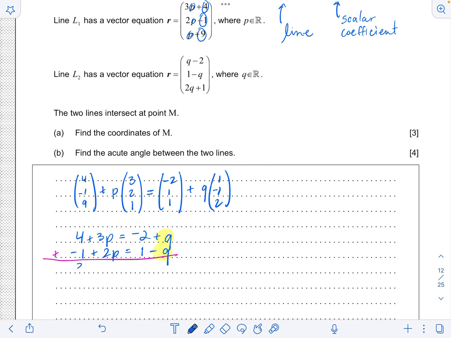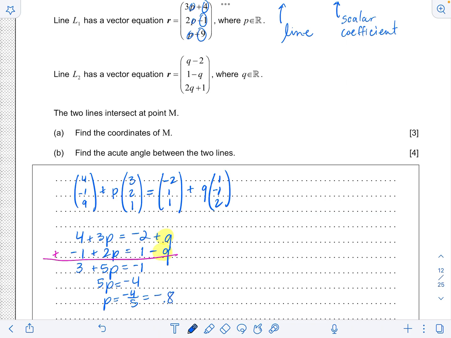And that results in 3 plus 5p equals -1 plus 0. And we can now solve for p. So 5p equals -4, and p equals -4 over 5, which is -0.8 if you want to use the decimal form.